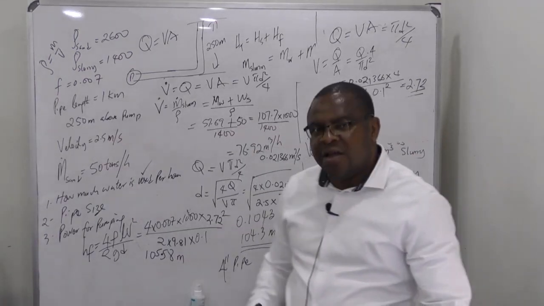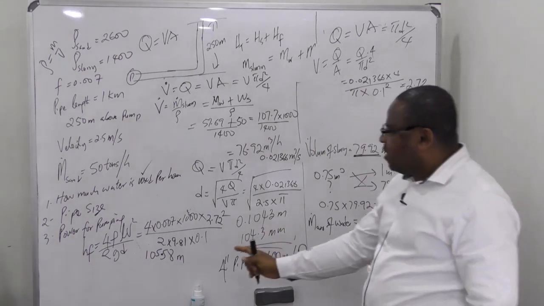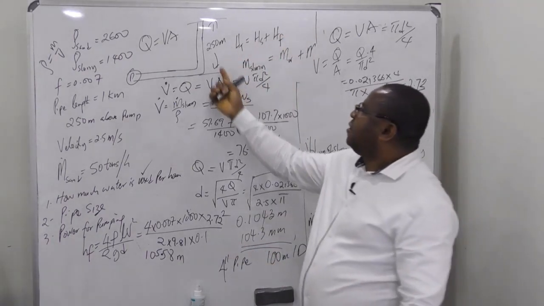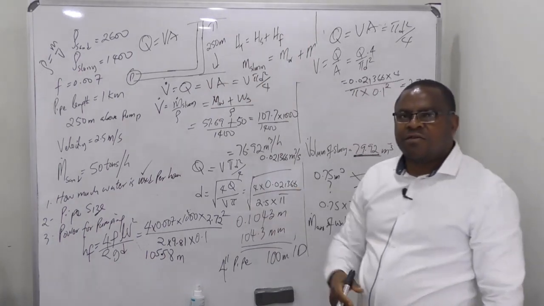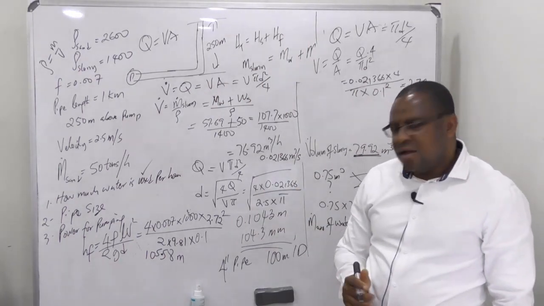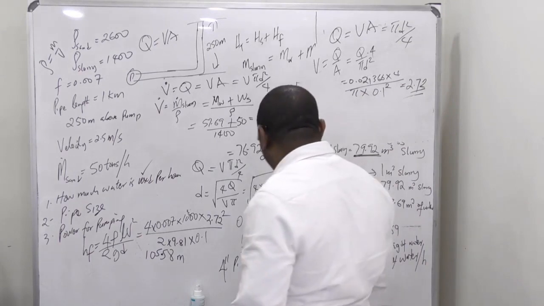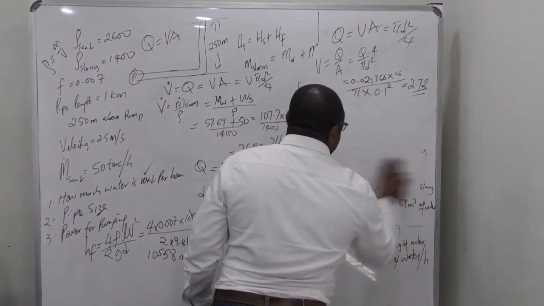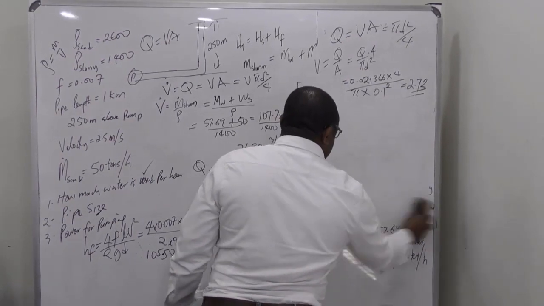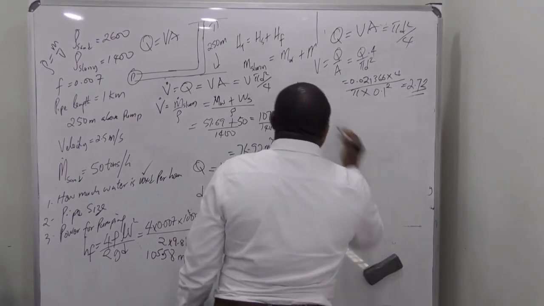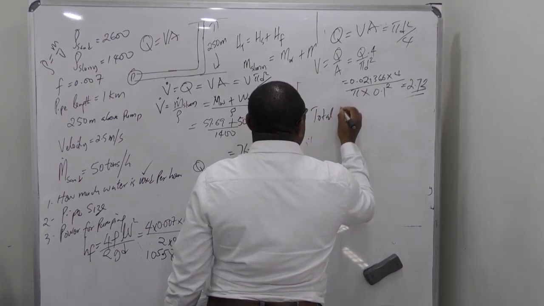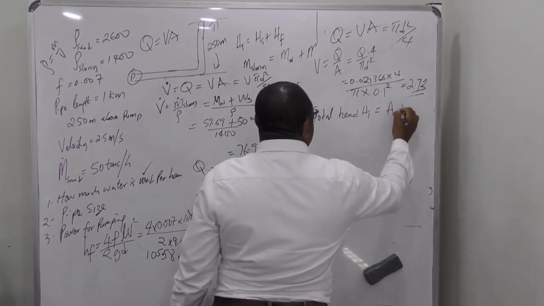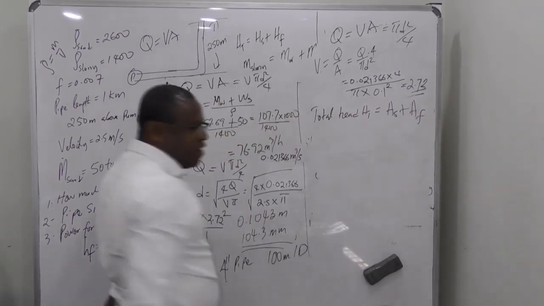All right, now this is the friction head. And then we have our static head of 250 meters. So you can easily calculate the total head. Total head is static head plus friction head.